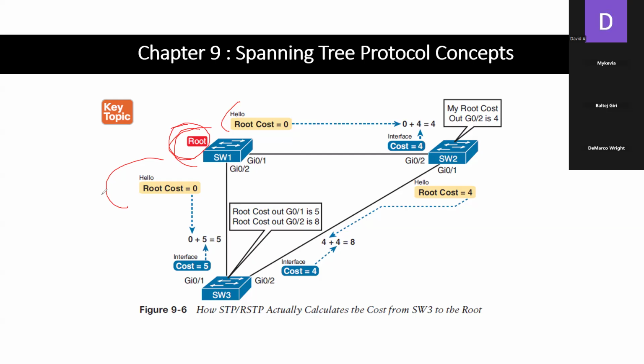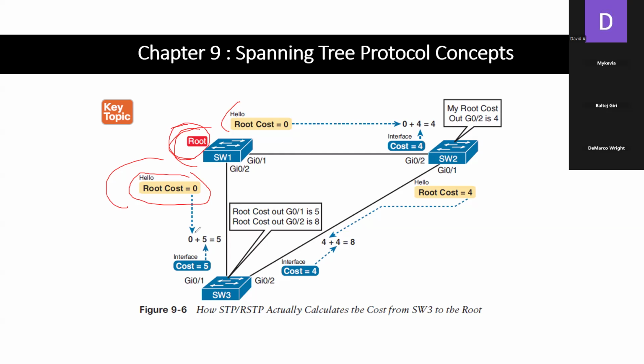So let's look at switch three and break this down. We're taking into account this hello from switch one with the root cost of 0. Switch three has an interface cost of 5.